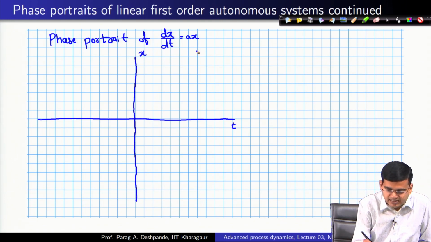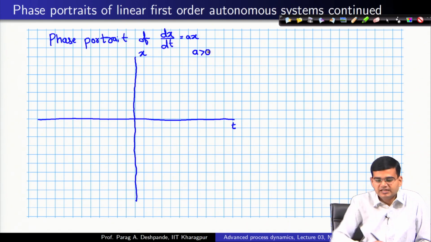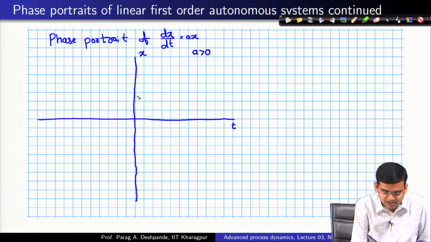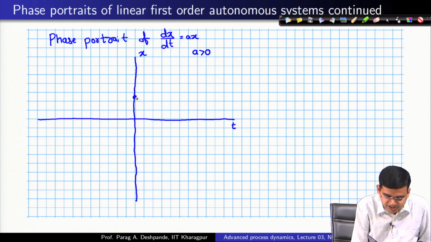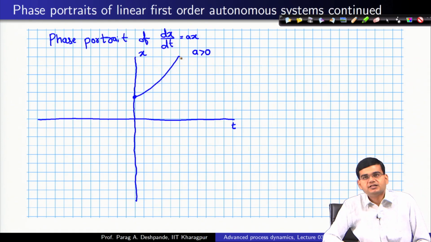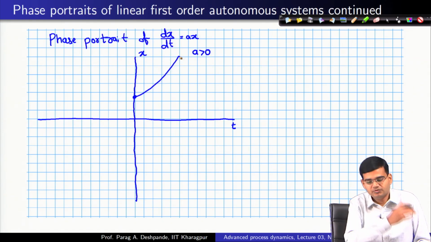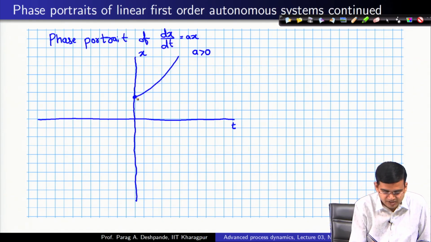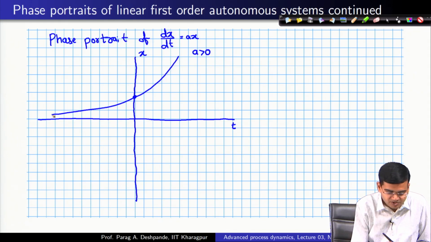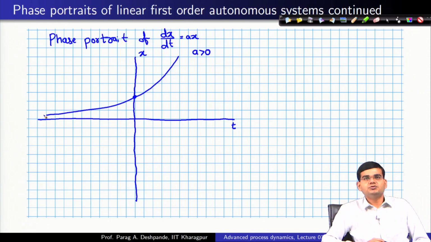When a is greater than 0, what is going to happen? You may have some initial condition and the system will blow to infinity, and as time goes to negative, what you will see is that asymptotically the system goes to 0 in the negative direction.